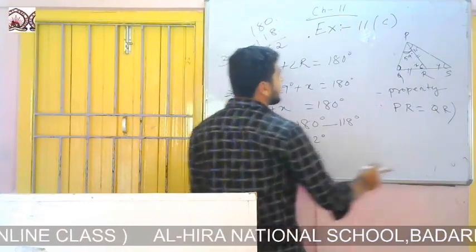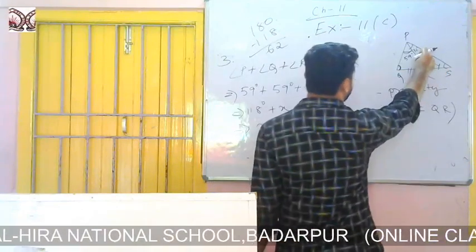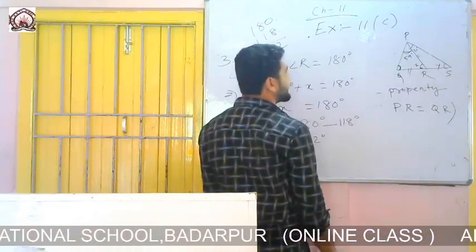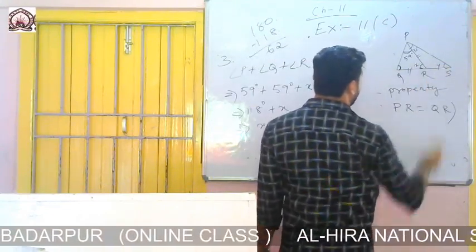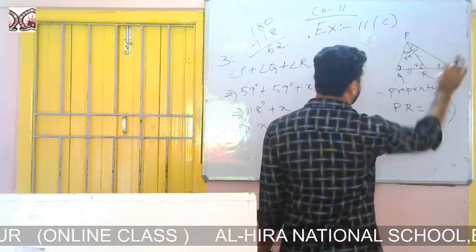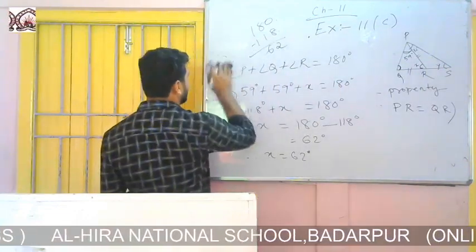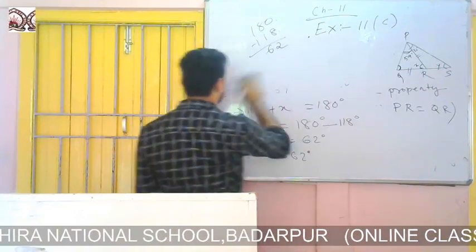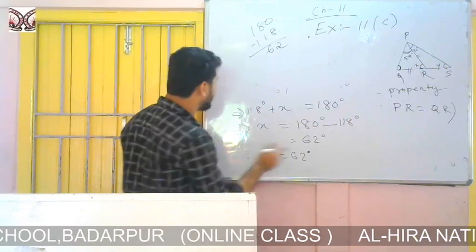So you see, if I consider these two are the two interior opposite angles, then this will be the exterior of angle PRS. So I can write like this also. You see, this question number 4.